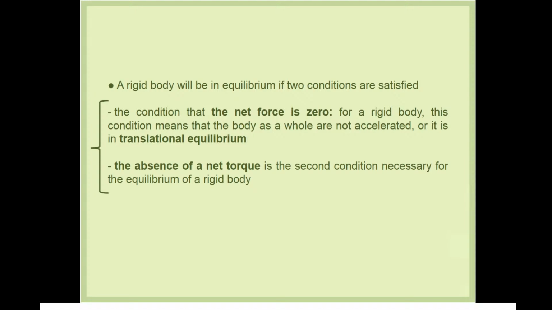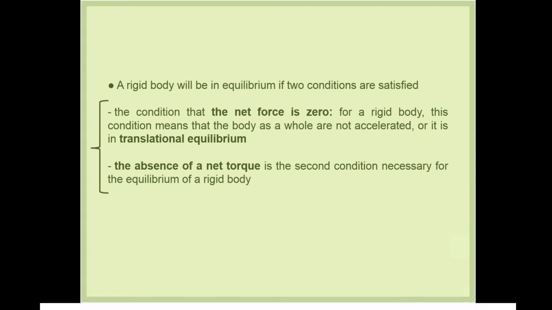So a rigid body will be in equilibrium if two conditions are satisfied. The first condition is that the net force is zero. For a rigid body, this condition means that the body as a whole is not accelerated, or it is in translational equilibrium.